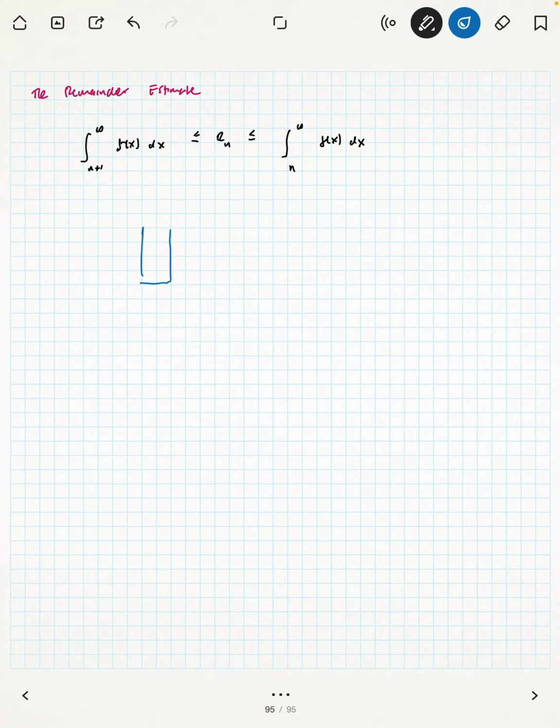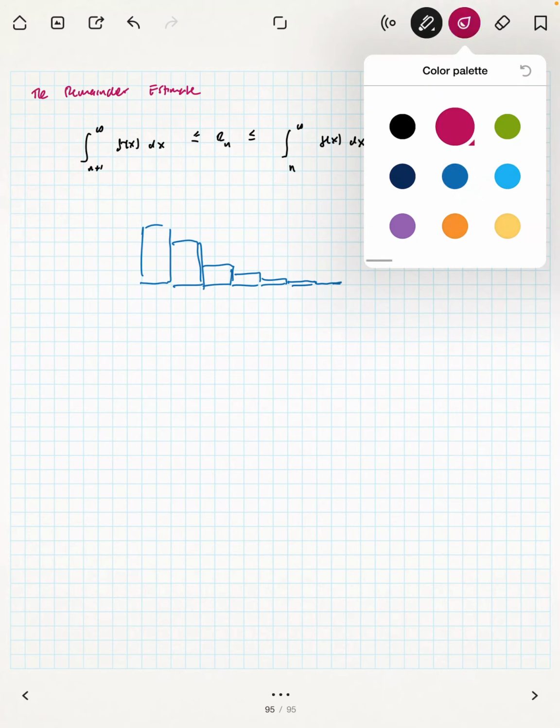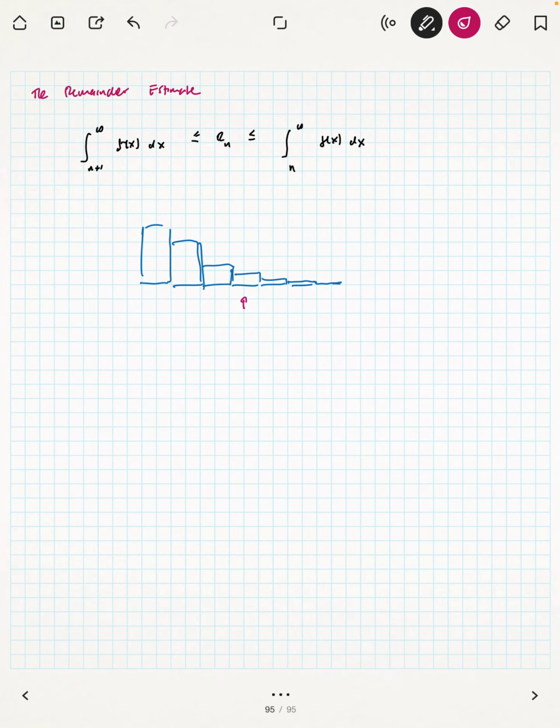Visually, I'm going to draw my rectangles again. Sorry for the terrible pictures, but I'm trying my best. Let's say we're going to stop right here. Then the actual remainder is the infinite sum of all these tiny rectangles, which is getting smaller and smaller, and if it converges, it is finite.